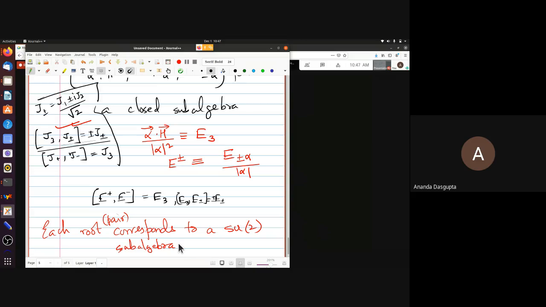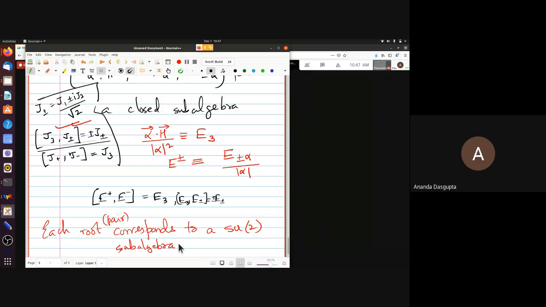Okay, SU3, for example, has 8 generators. I'm just stating this. There's something which will be described in a lecture by one of you. SU3 has 8 generators, but only 2 Cartan generators.